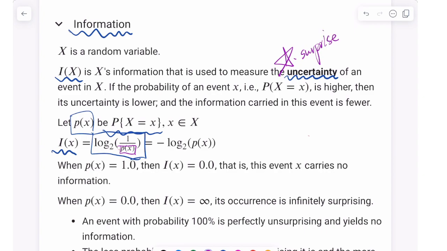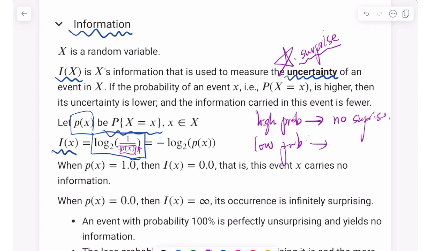If some event has high probability, that means every time you observe such an event, you feel no surprise, right? So high probability indicates no surprise. A low probability event means high surprise.